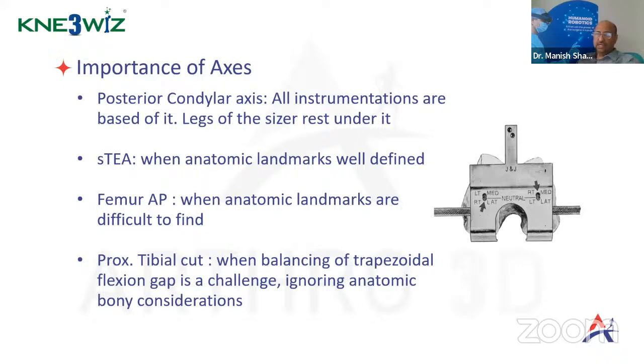Surgical transepicondylar axis is normally used when anatomic landmarks are well defined. Femur AP axis is used when anatomic landmarks are difficult to find. But proximal tibial cut is the one which is used most commonly when balancing a trapezoidal flexion gap, ignoring the anatomic bony considerations of the femur.